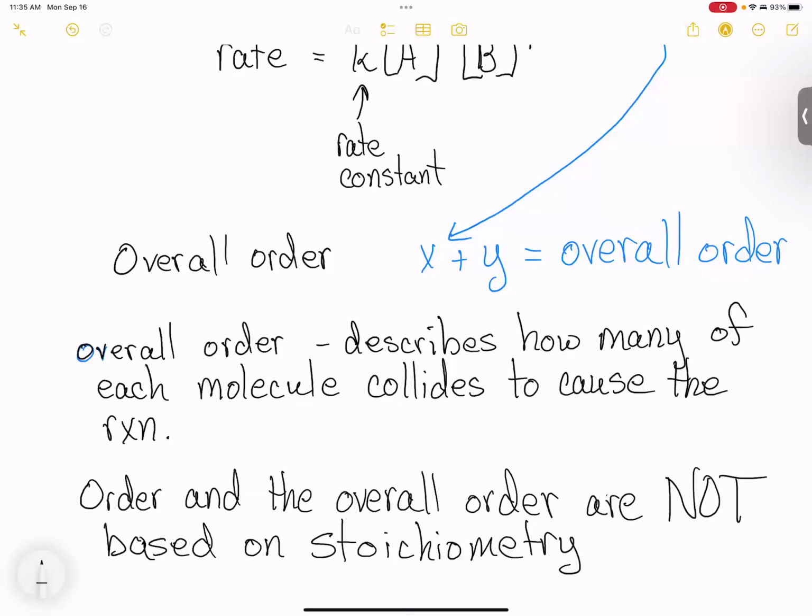When we write a rate law, the order is not based off of the coefficients. The only way to determine the order is experimentally.